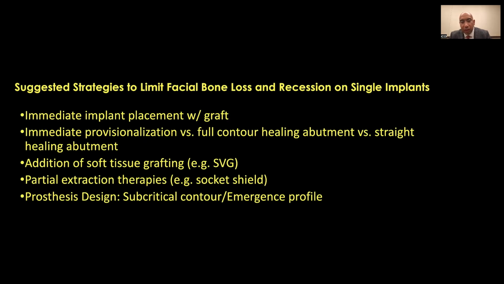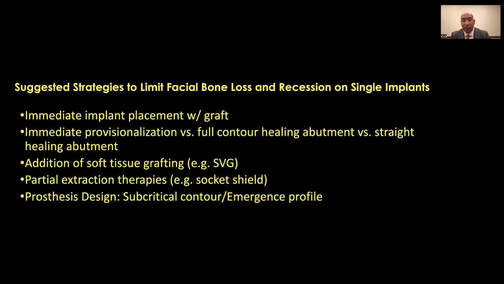However, there are some strategies that they talked about in order to limit facial bone loss and recession. We've talked about all of these already. The biggest thing was place an immediate implant if you can. To do even better than that, place a provisional if possible. To do even better than that, supplement that immediate implant placement and provisionalization with a soft tissue graft.